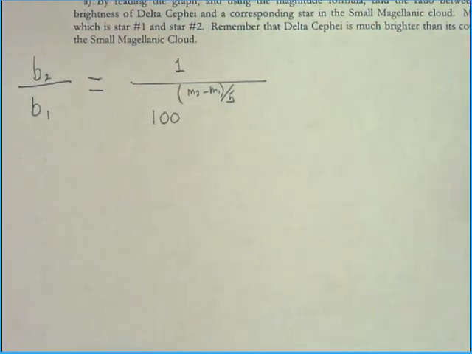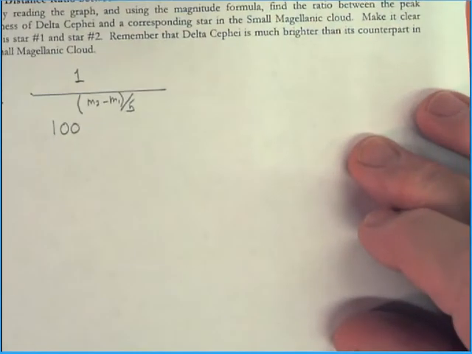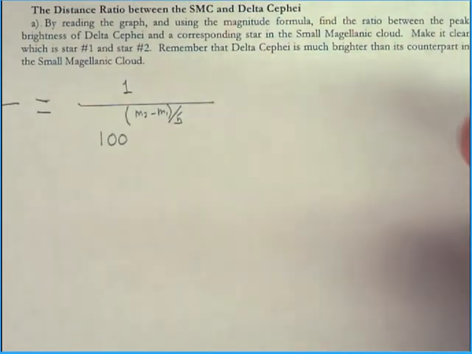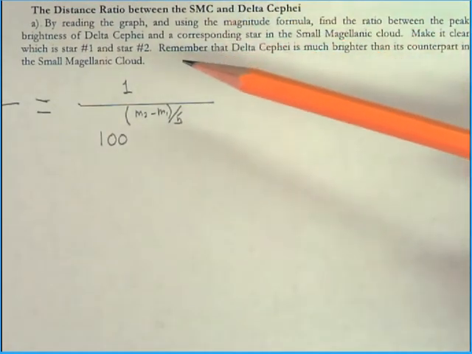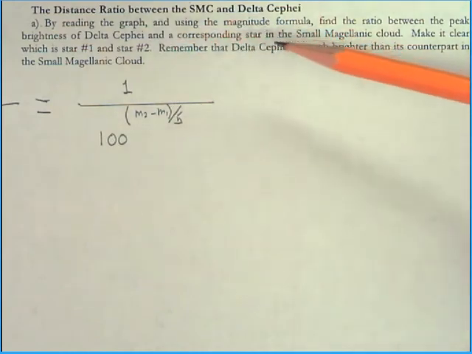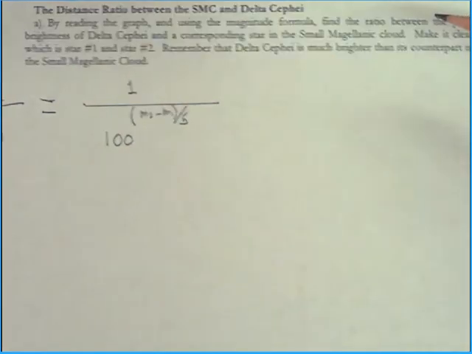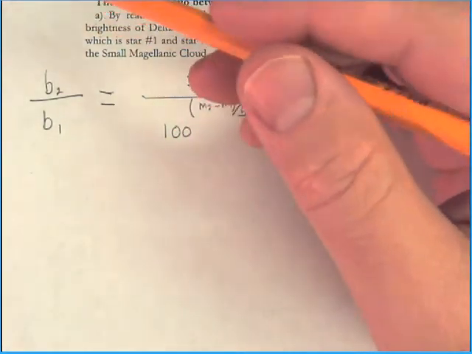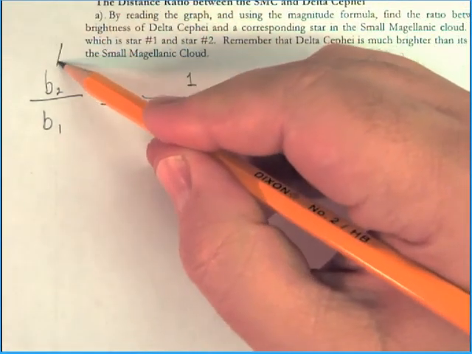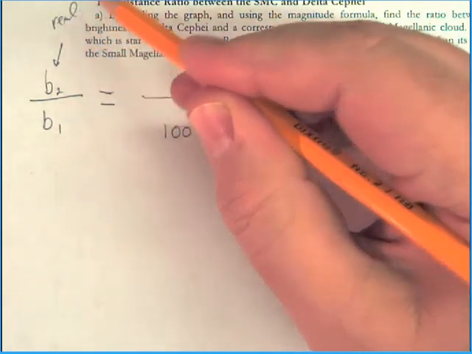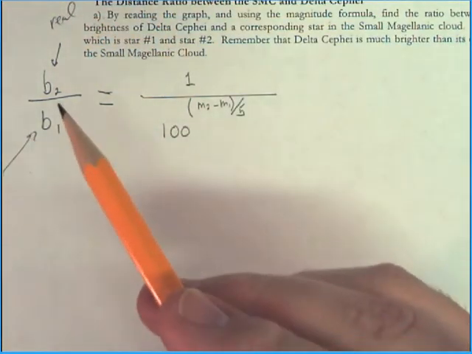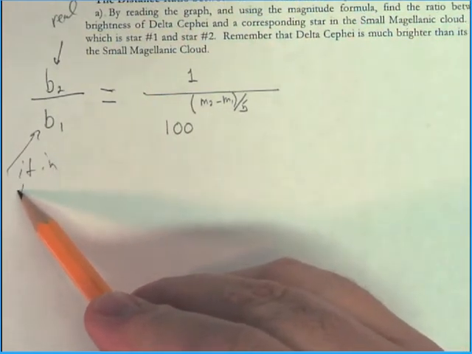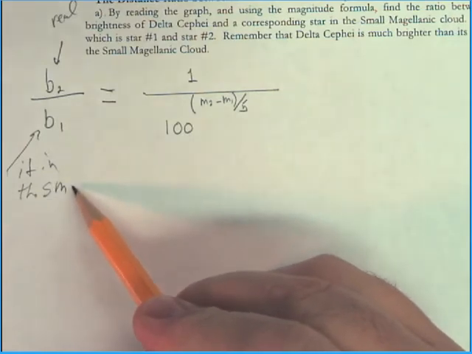So, in our case here, we need to be clear which one is which. Since this asks for the ratio of Delta Cephei to a corresponding star in the small Magellanic Cloud, we should make this one the real Delta Cephei, and that one to be if it were in the small Magellanic Cloud.